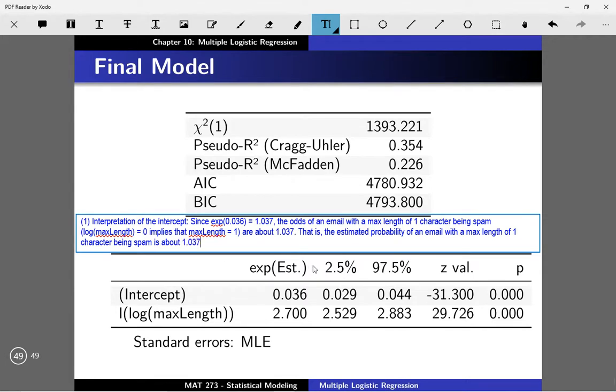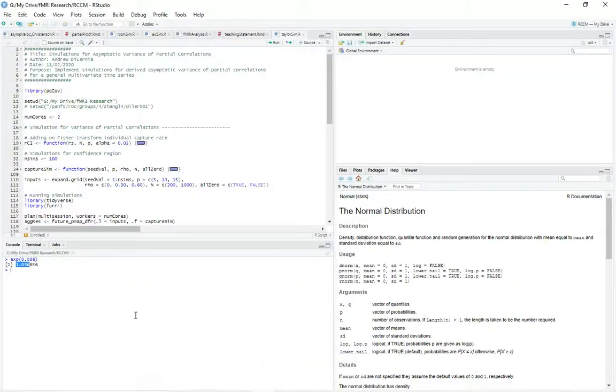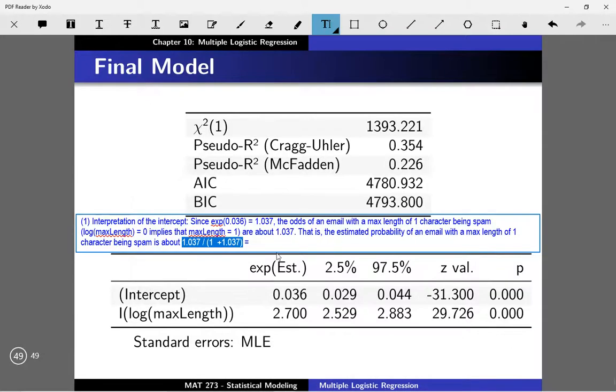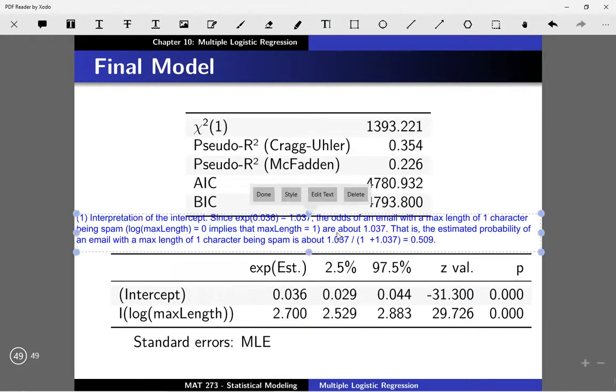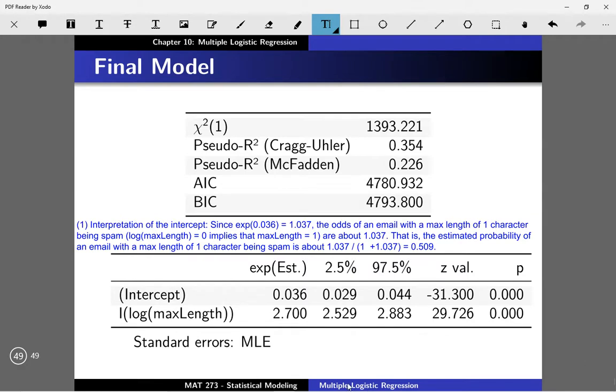The odds over 1 plus the odds gives us the estimated probability. Again, I'm going to use R to get this. The estimated probability of an email with a max length of 1 character being spam is about 0.5. So a 50-50 chance in this data set. But that's how we interpret the intercept term here.